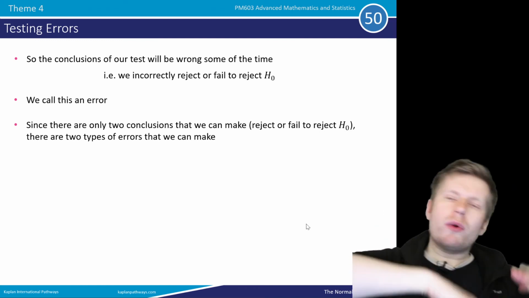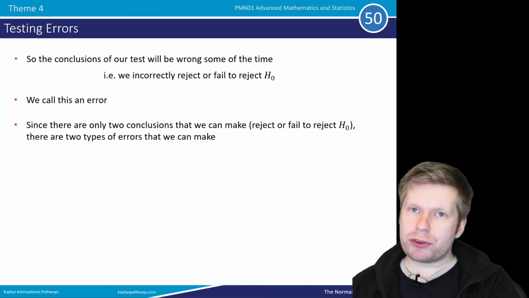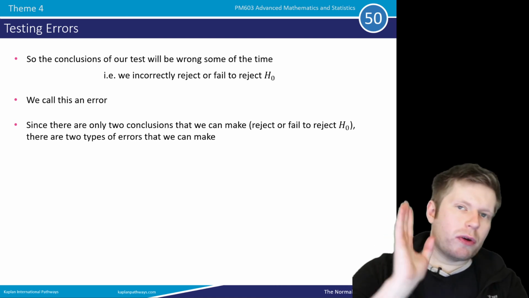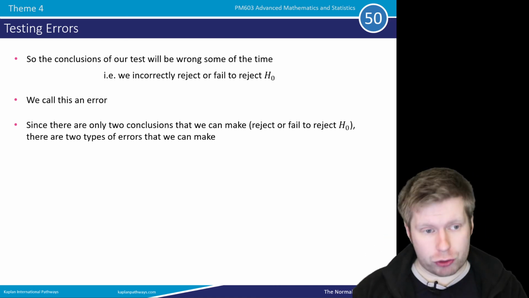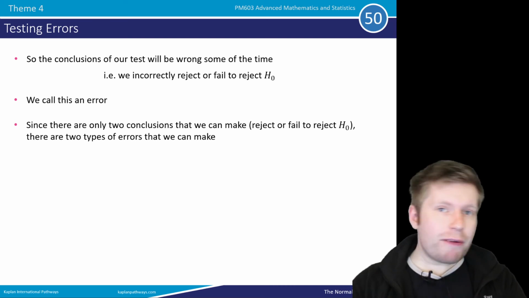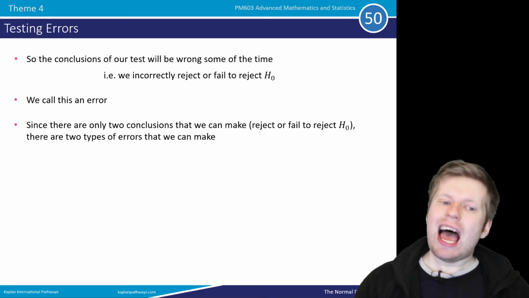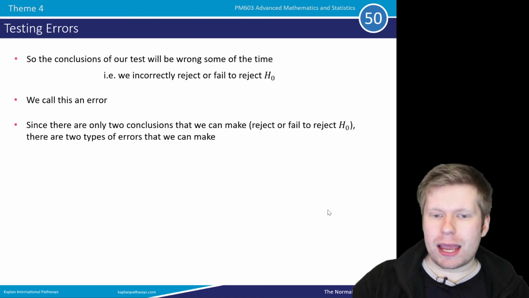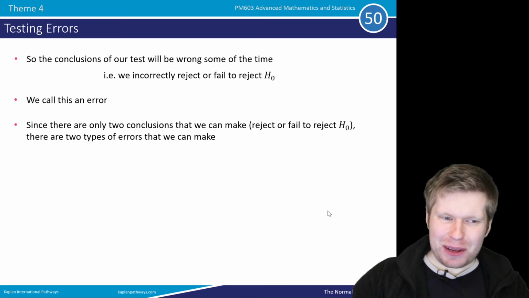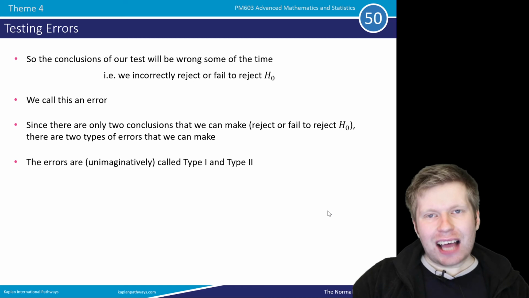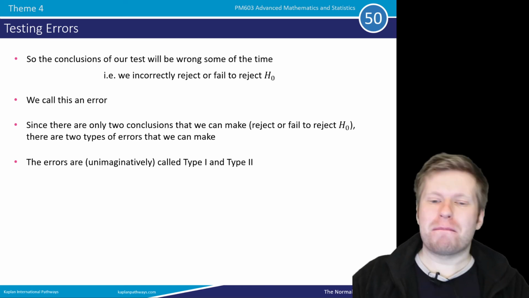Now, you notice that we only ever look at it from the perspective of the null hypothesis, and we only ever say that we reject the null hypothesis or fail to reject the null hypothesis. So therefore, because those are the only two things that we can do incorrectly, I guess, there are two types of errors that we can make. And very imaginatively, we call those two types of errors a type 1 and a type 2 error, okay?